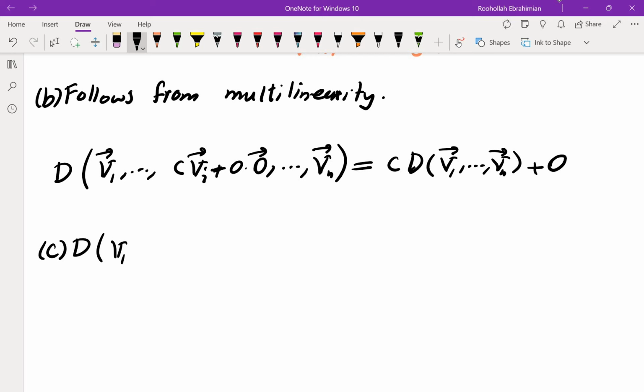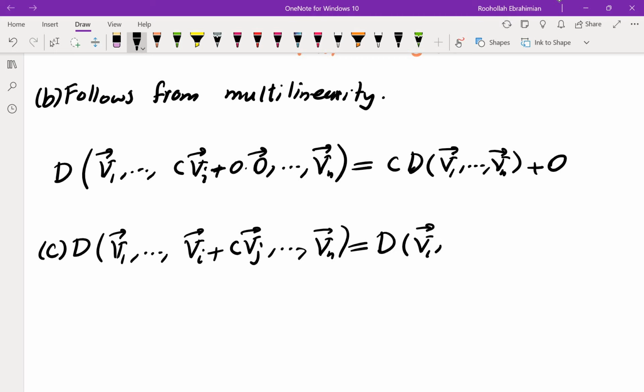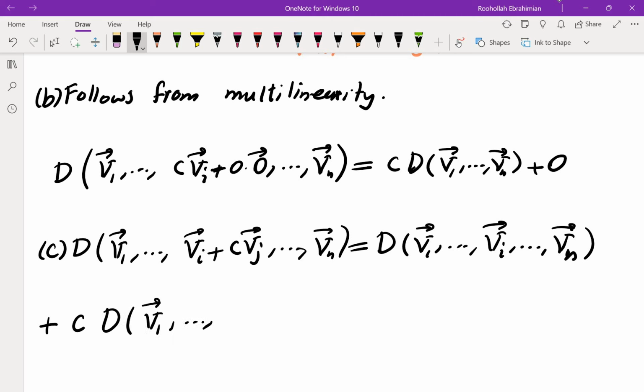If you look at D of V1, Vi plus C Vj all the way to Vn, by linearity this becomes D of V1, Vi, through Vn, plus C D of V1, Vj, through Vn. Now, this is the ith position.